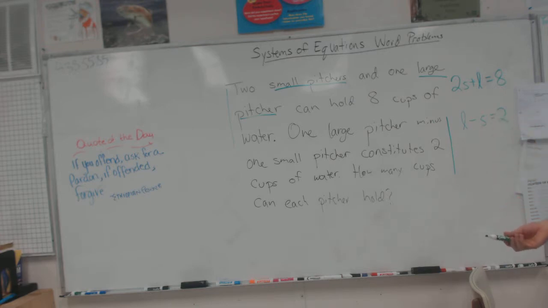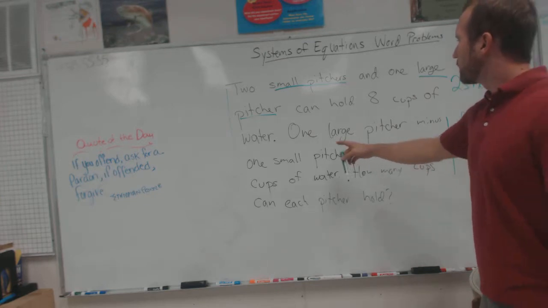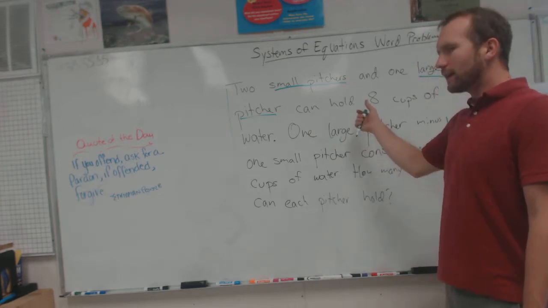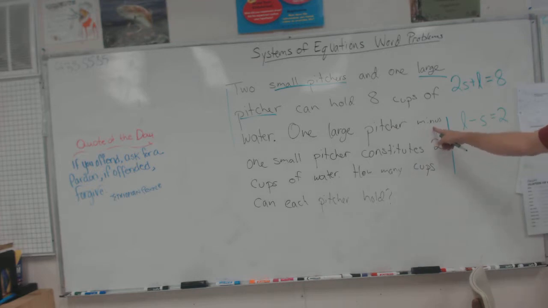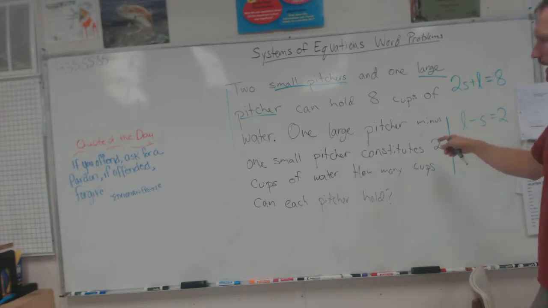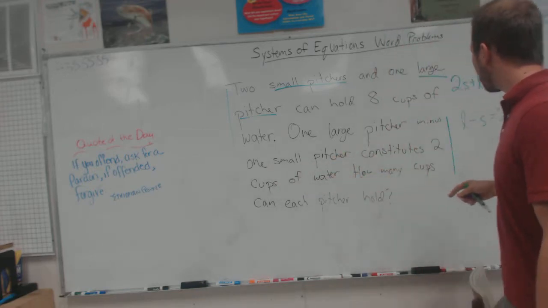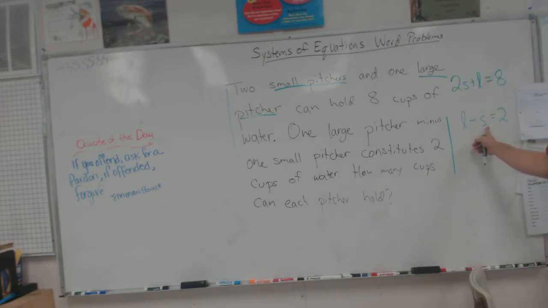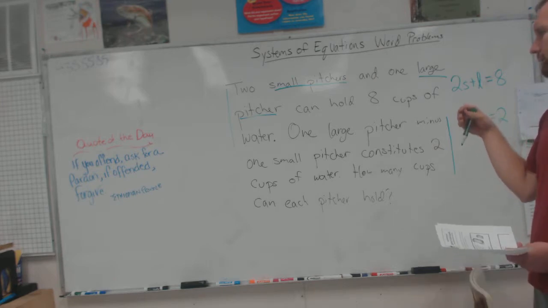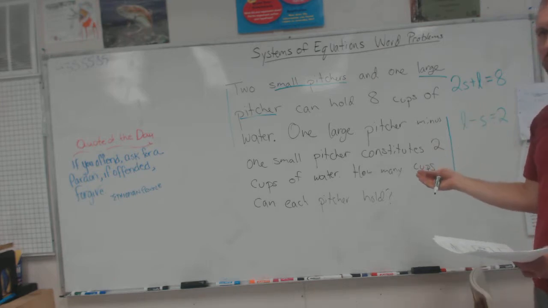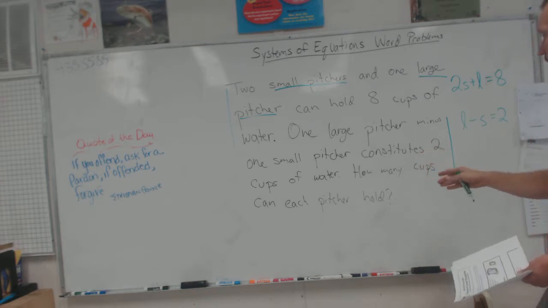So all we're doing really is just reading through the sentence. 1 large pitcher, that's an unknown, so we've chosen to make that L. That's a variable. Minus, that's pretty clear, that's just subtraction. And then a small pitcher we've chosen to make S because that's something else that we don't know the size of, so we can't have a number to represent that, and there's no operation.